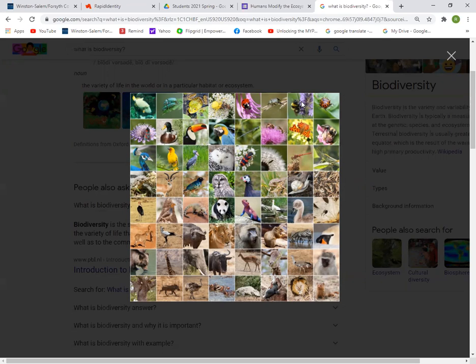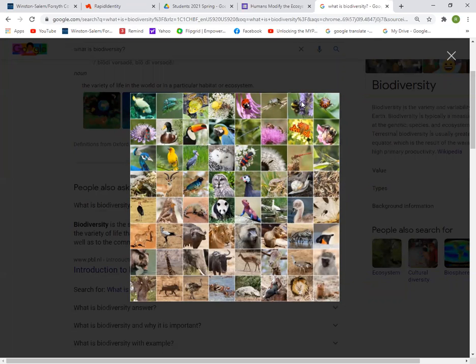But with biodiversity, there is a higher probability that the disease will not wipe out all the organisms on Earth, because other species might provide a cure for the disease. That is one of the importance of biodiversity.